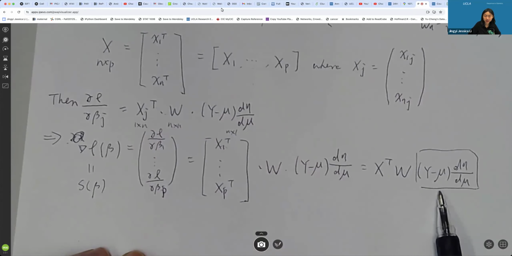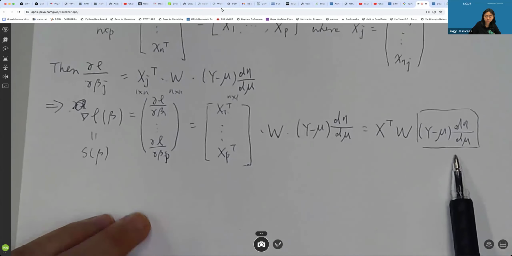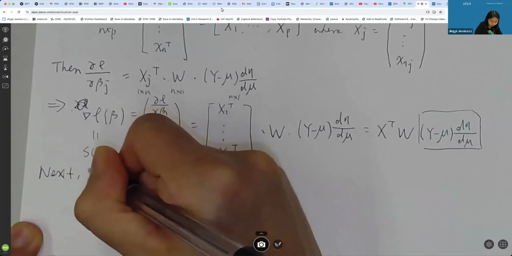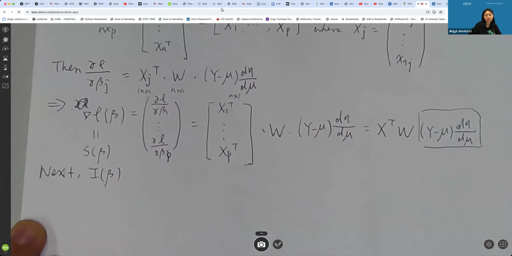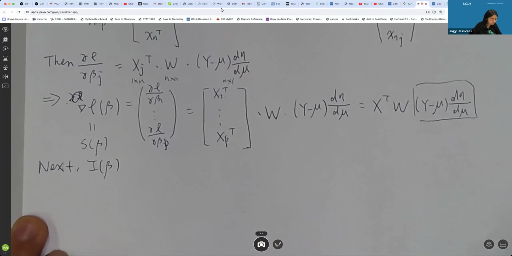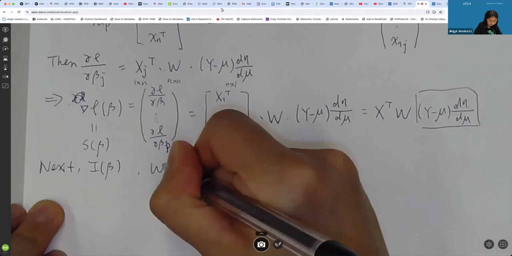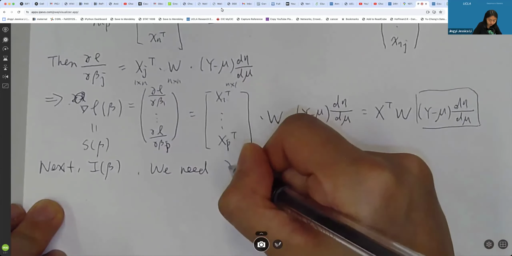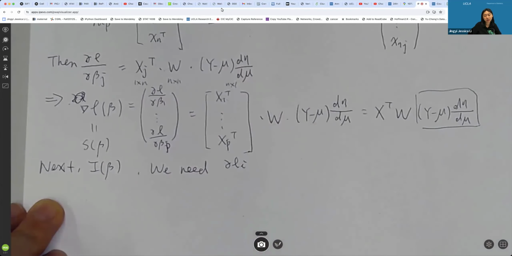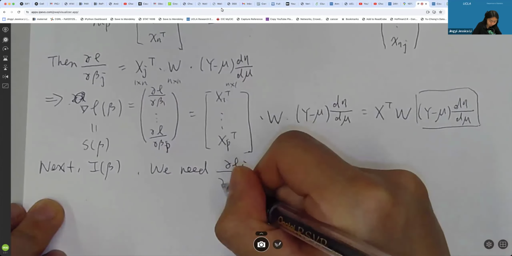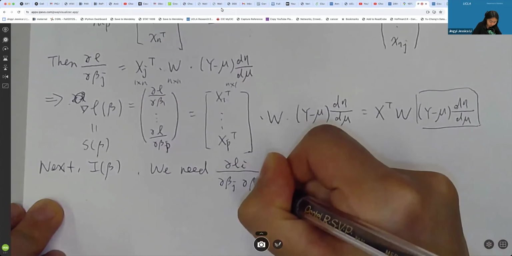All right. If there are no more questions, let's move on to Fisher information. Because the Fisher information will involve second derivatives, we need to calculate second partial derivatives of our ith entry in the log likelihood with respect to two betas, partial beta j, partial beta k.